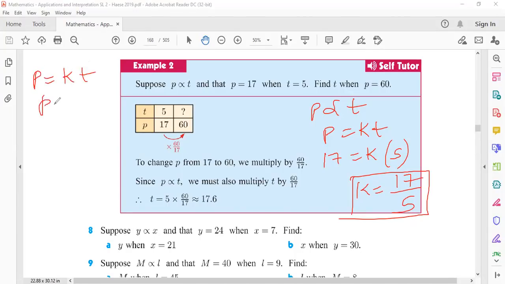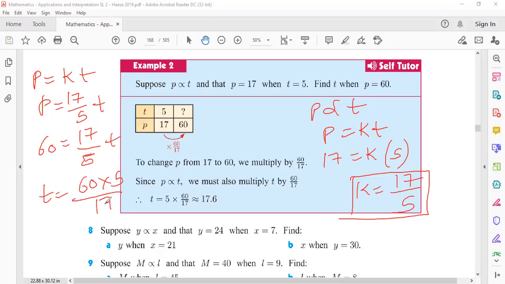So instead of K I write P is equal to 70 upon 5 T. But right now I know P is 60, so 60 is equal to 70 upon 5 T. Got it? So T is equal to 60 into 5 upon 70. That is your answer. That is 4.3 if you put it in the calculator. Okay. So same way, I'm not deleting this.